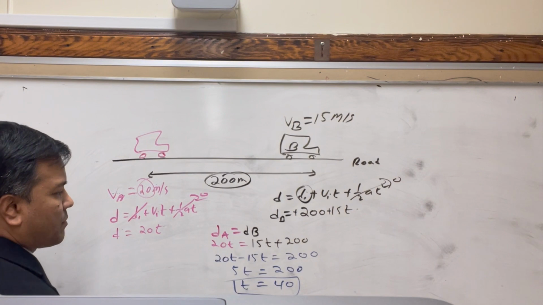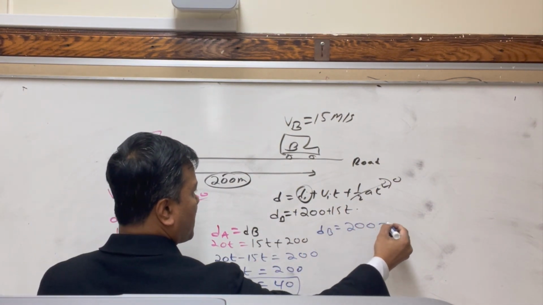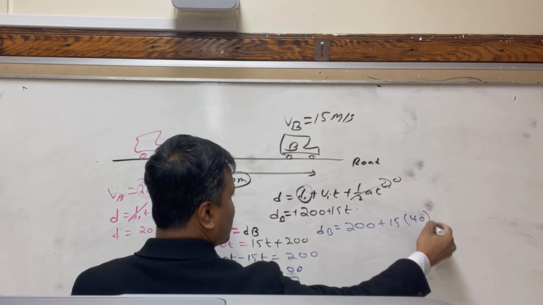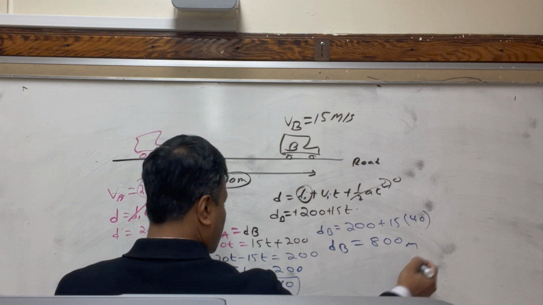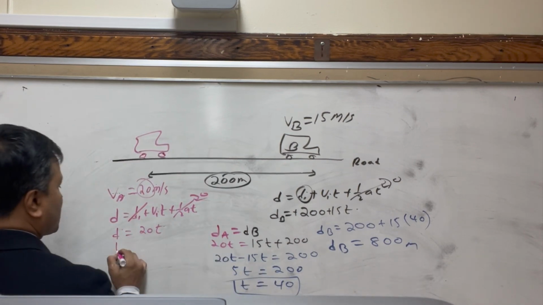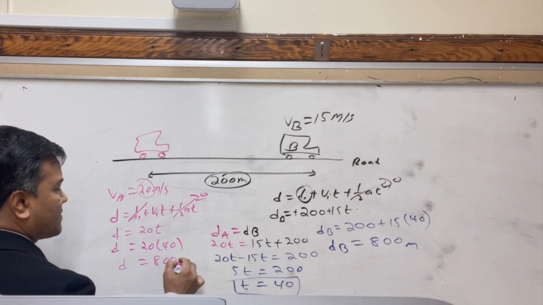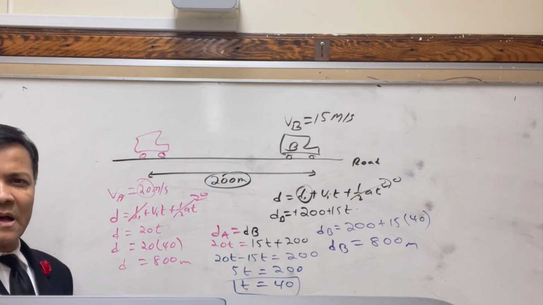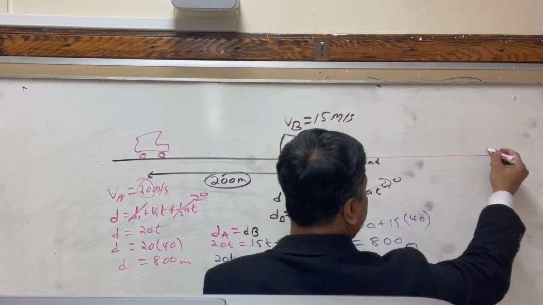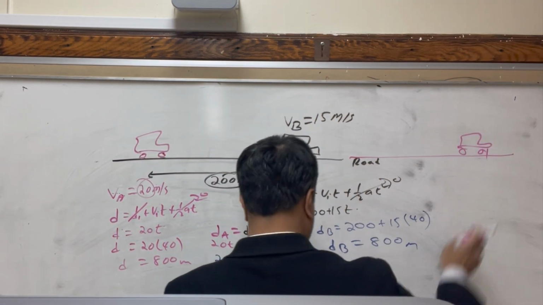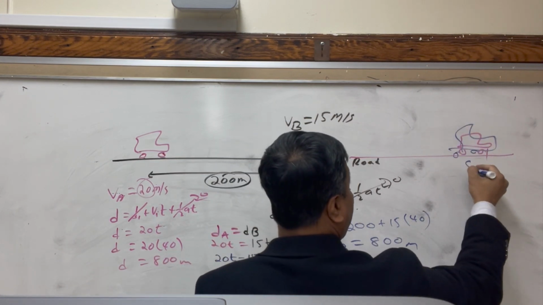Now we plug this in over here: dB is equal to 200 plus 15 times 40, so 800 meters. Or we can do it over here: d is equal to 20 times 40, so 800. So after 800 meters, somewhere here, both cars meet each other. 800 meters.